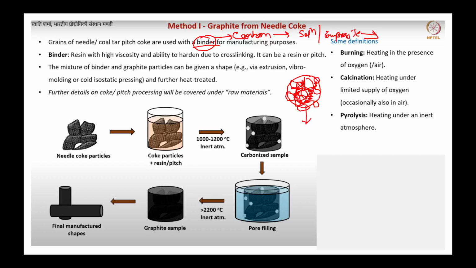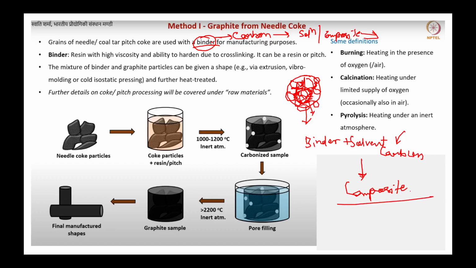You can also call it a composite. Sometimes we use a polymer in carbons. This will bind your particles. You have to mix your binder in some solvent in which you can dissolve it, and then you add your carbon. This will give you a composite, which you call carbon composite, and this will have a very good property.